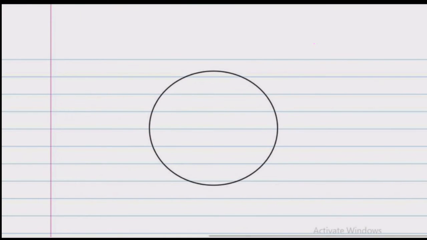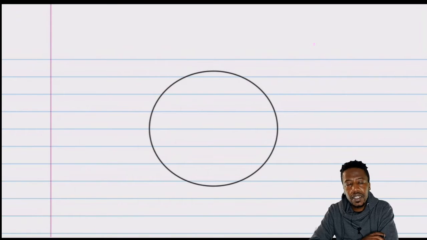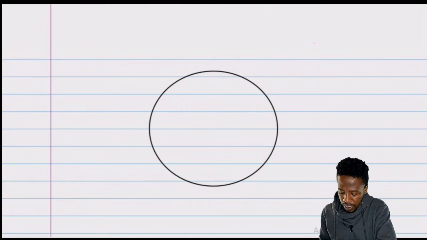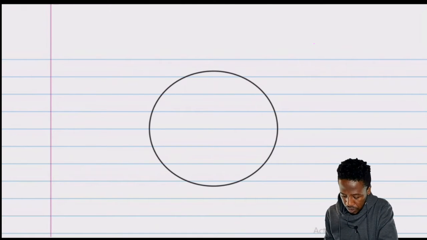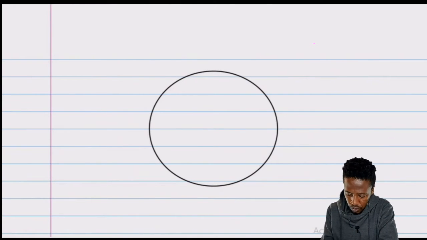Moving on to theorem number 2, which basically says an angle at the center is twice the angle at the circumference. Now I'm gonna try to illustrate it by drawing it for you, what we mean by that.